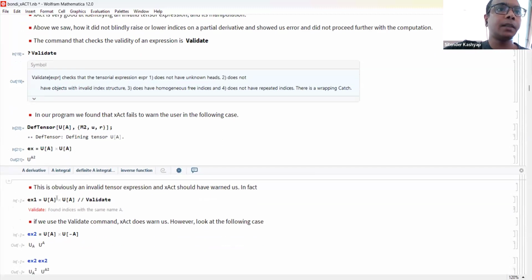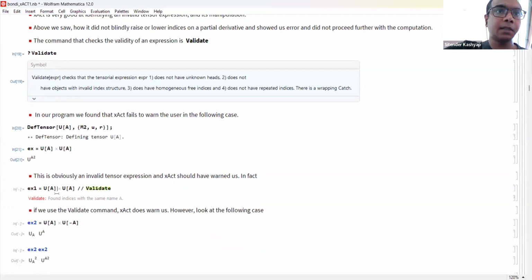But we can check it again and ask. Next. So far so good. If we use the Validate command, xAct does warn us.